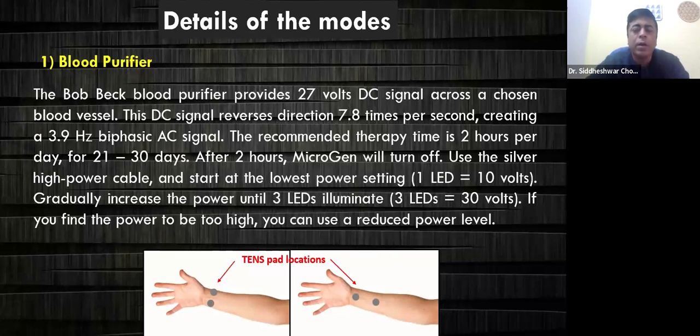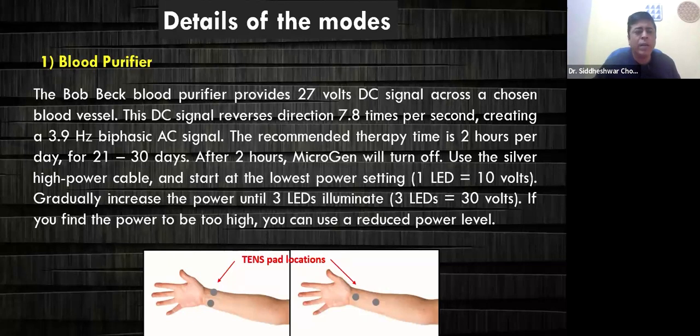Okay. Use the silver high power cable for this mode and start at the lowest power setting, which is the LED number 1, the lowest LED. So, see, it depends on how comfortable you are while doing the blood purifier mode. Okay.